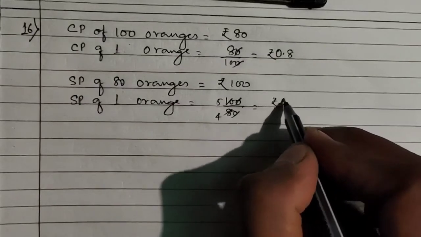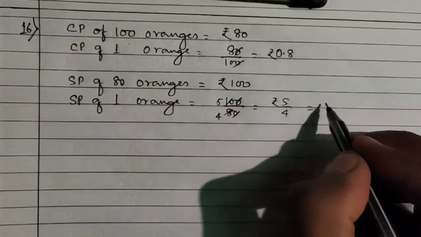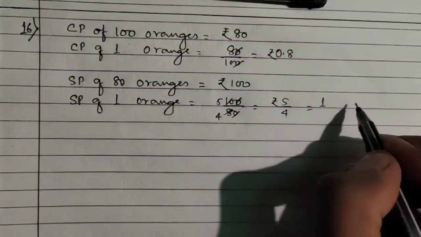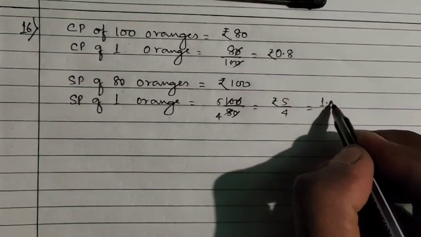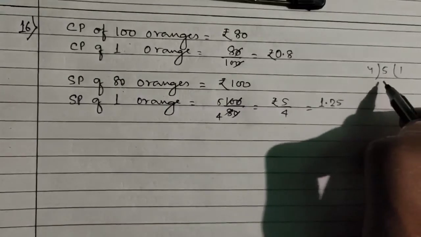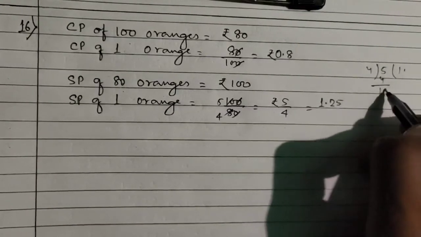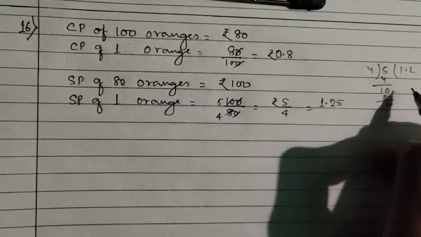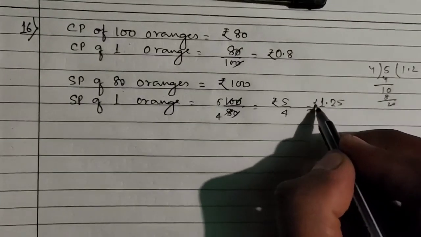It's rupees 5 by 4. When we calculate it, it's 1.25. Yes, it's 1.25. This is the SP.